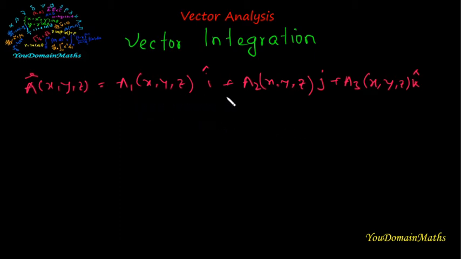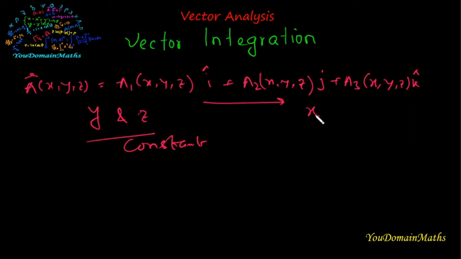If a1, a2 and a3 are functions of only t, then this is a curve. If y and z are constant, then this is a function of only x and it represents a curve only.